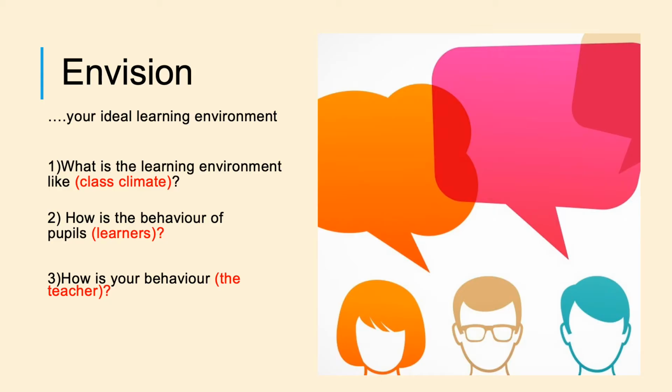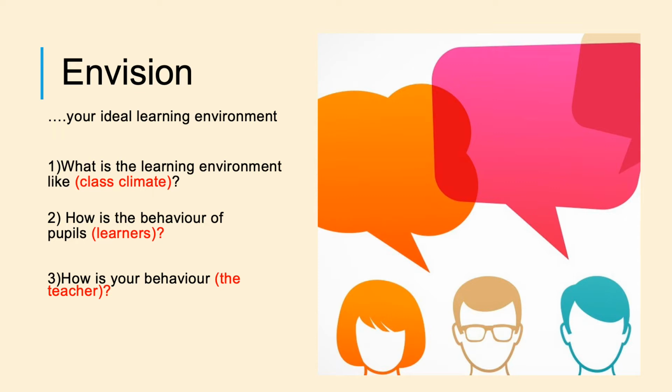Perfect. So what I'd like to do to begin with is get you to envision or imagine your ideal learning environment, in three ways. So firstly, what is the learning environment like? Often, depending where you're reading around education, in the States and in Australia, they refer to it as a class climate.